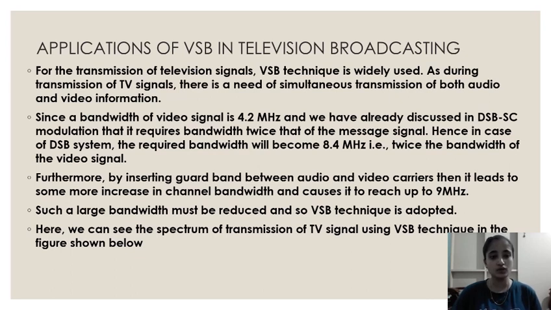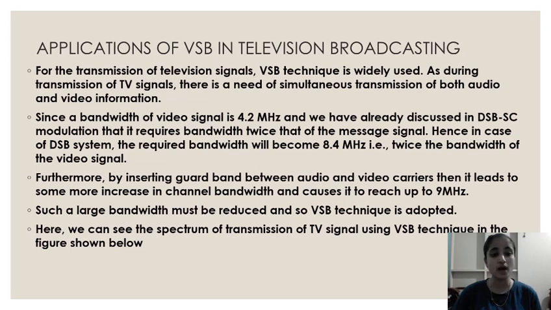Since the bandwidth of the video signal is 4.2 MHz, and we have already discussed that DSB-SC modulation requires bandwidth twice that of the message signal, in the case of the DSB system the required bandwidth will become 8.4 MHz, that is twice the bandwidth of the video signal. Furthermore, inserting a guard band between audio and video carriers leads to some more increase in channel bandwidth and causes it to reach up to 9 MHz.